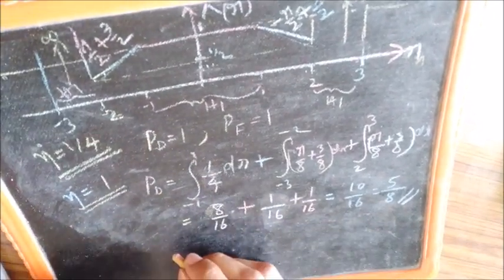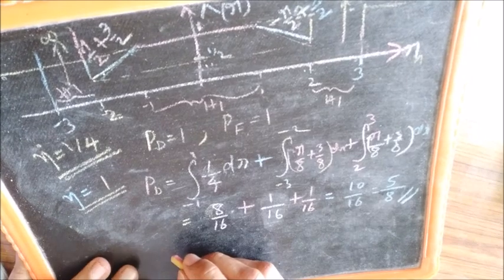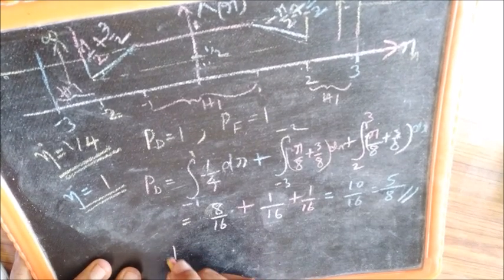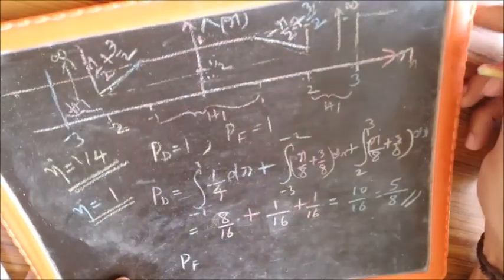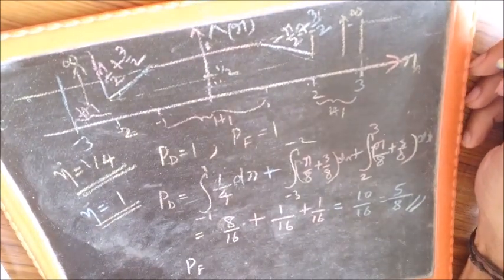And the probability of false alarm when eta is equal to 1. False alarm is when you declare H1 as the true hypothesis when H0 was the true hypothesis.